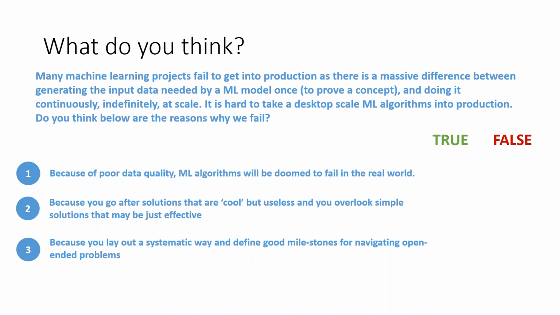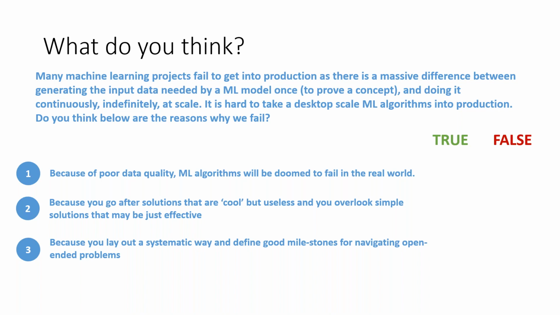That is what I'm calling POC work. There is a huge difference between creating a POC and doing it continuously, indefinitely at scale. That's why I used the Netflix example. They use their models continuously, indefinitely, and at scale.